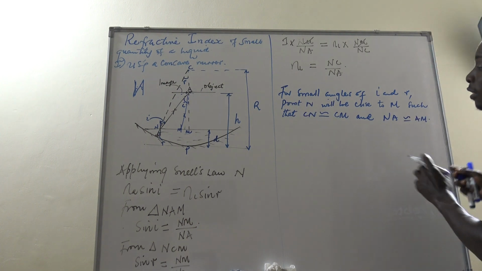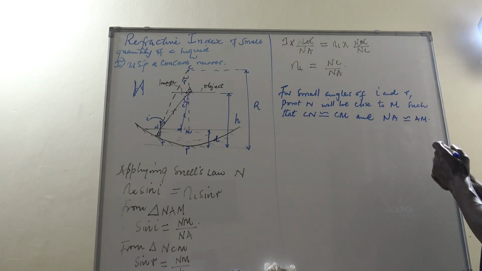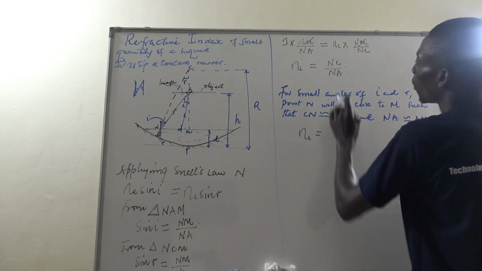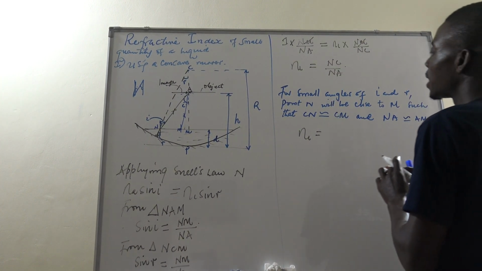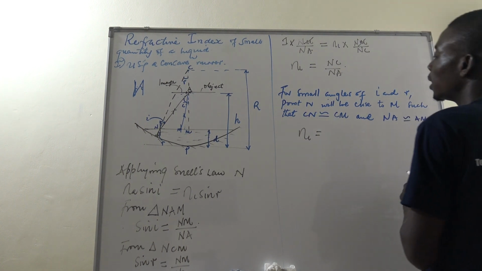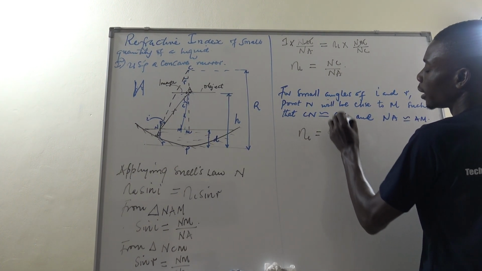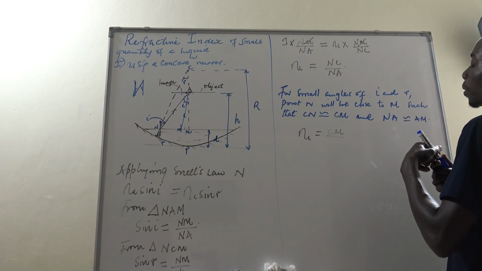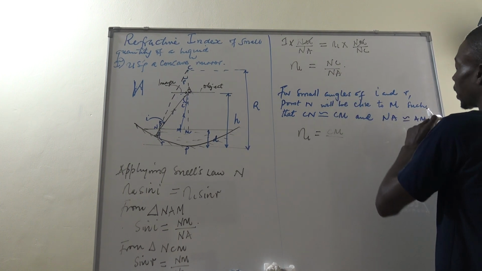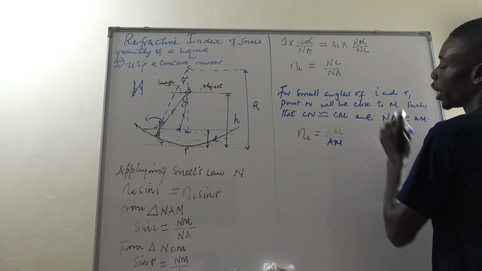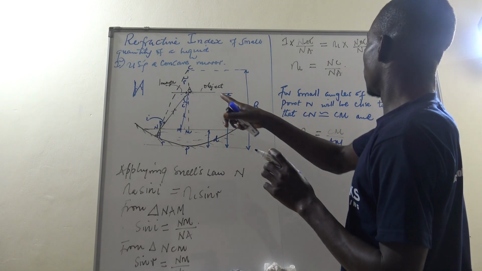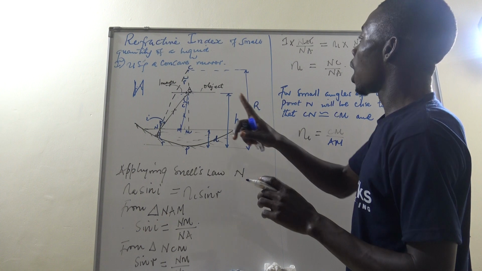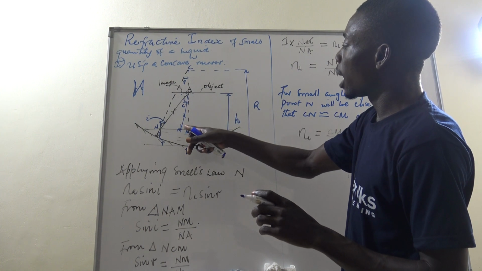So if that is very true, we are now going to say that my n is now CN over NA. But we say the CN is the same as CM divided by NA, but NA is the same as AM. Okay? It is the same as CM over AM.